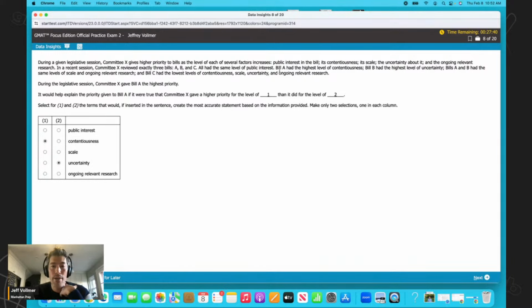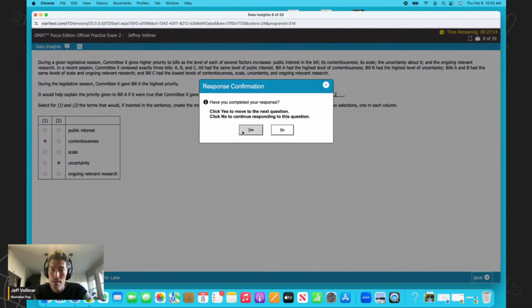Why did they value A over B when they're presented as equals, in the sense that A is winning in one area, B is winning in another area, they're tied in the third area, and C doesn't seem very important? So why does A prioritize over B? I guess they're looking at contentiousness as more important than uncertainty. So we're going to say they have a higher priority to level of contentiousness than uncertainty. I feel good about that one.